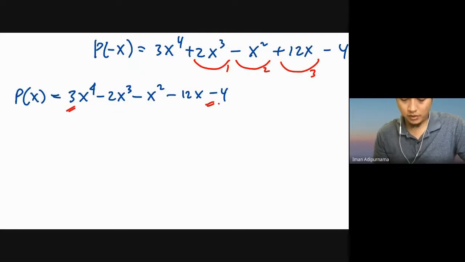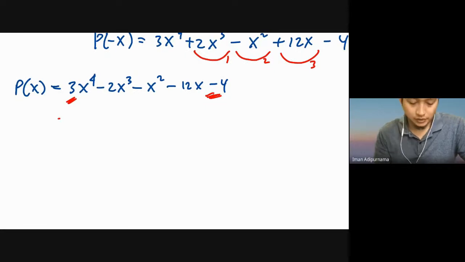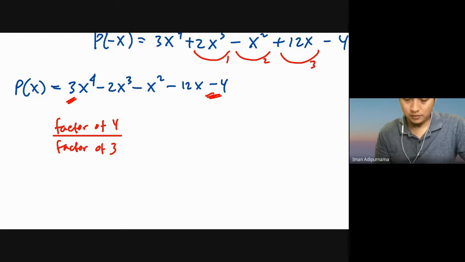So this will start with 4 and 3. So factor of 4, factor of 3, and you need to divide this. Factor of 4: 1, 2, 4. Factor of 3: 1 and 3.